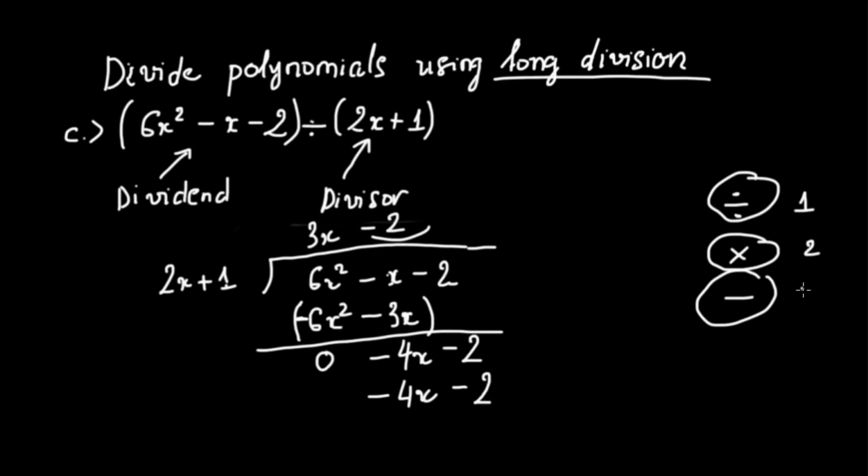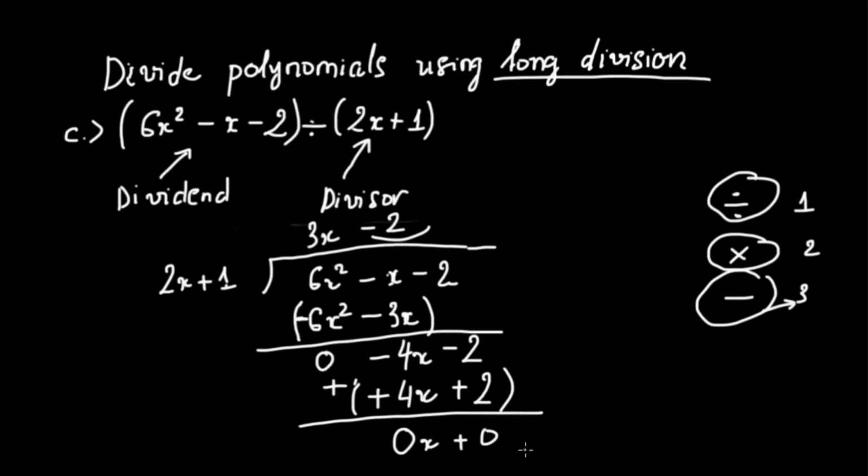And the last step is subtraction. So you take this expression, subtract this expression, right? This minus sign will apply to each term inside, which means -1 times -4x, you got positive 4x, and -1 times -2, you got positive 2. Now we add these together. Minus 4x plus 4x, you got 0x. Minus 2 plus 2, you got 0.